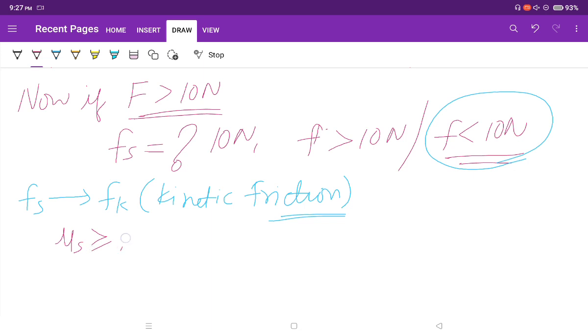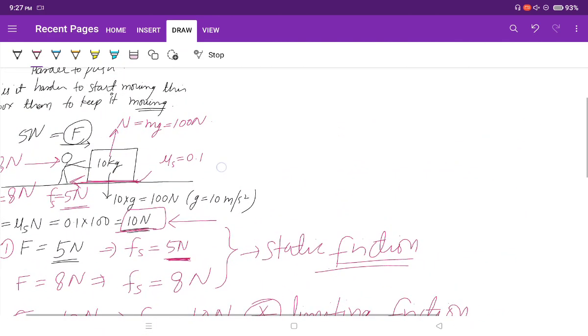Now the static friction will change into kinetic friction, and we know that mu s is greater than or equal to mu k. So this is the frictional coefficient for kinetic friction. So here mu k will be less than or equal to 0.1. Suppose we take an example of 0.08.